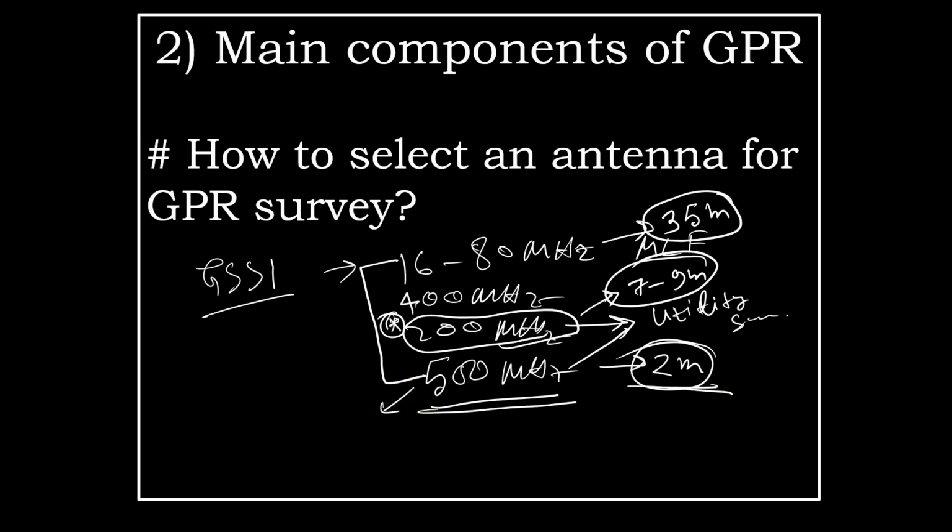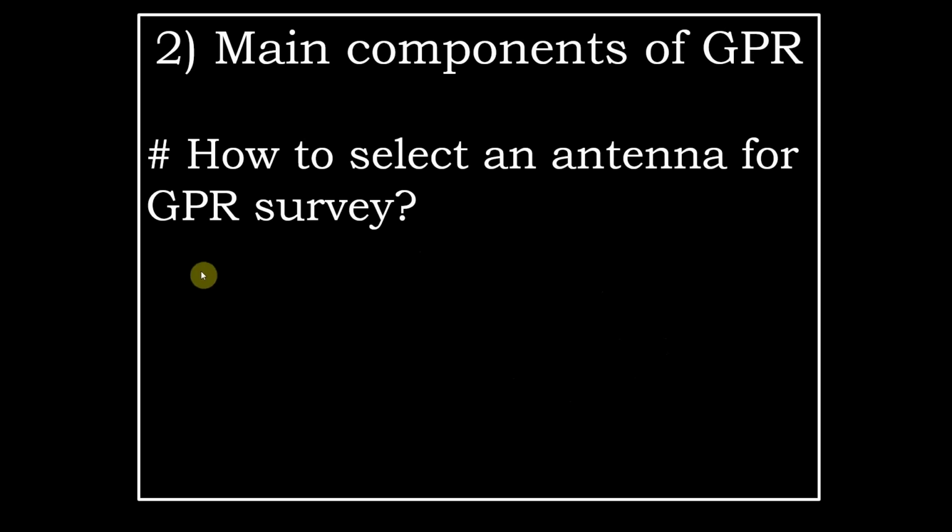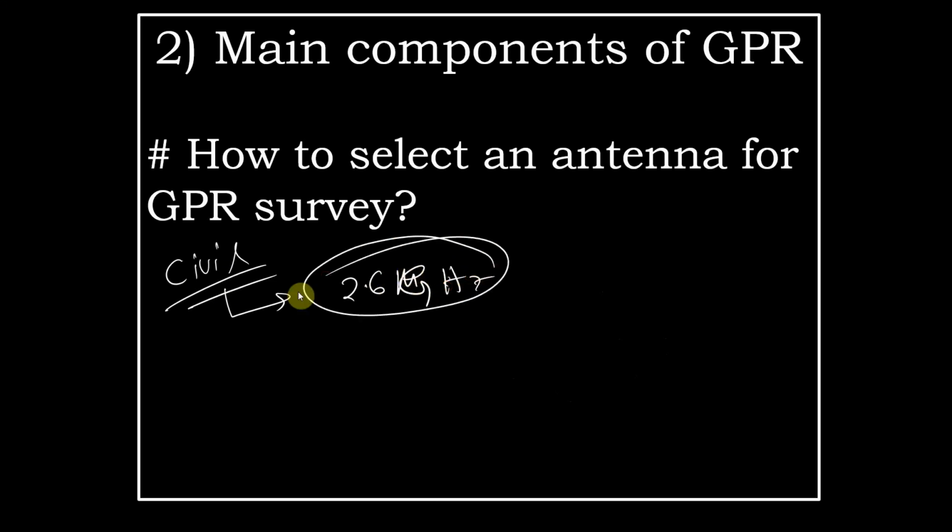Okay, now for the utility survey, I have already discussed. Now for civil engineering application, they generally use the 2.6 gigahertz antenna. So how does this 2.6 gigahertz antenna work?